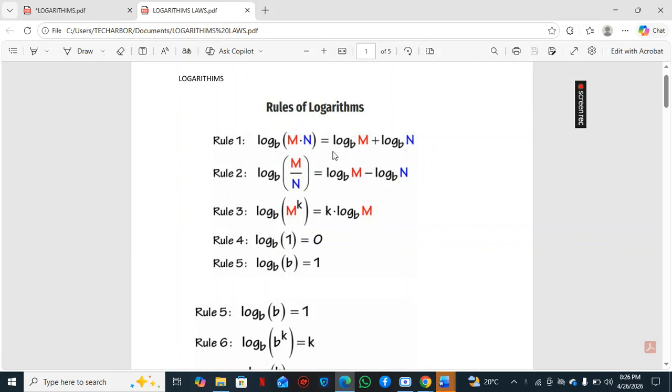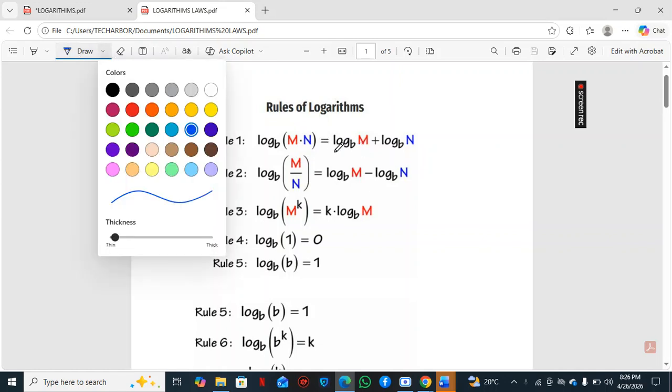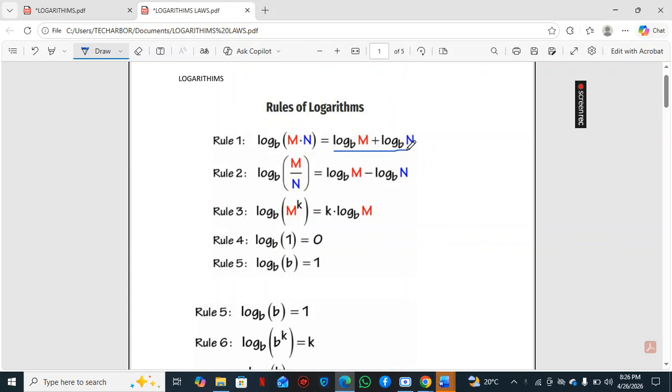This one basically, if you ever see two logarithms being added like this here, you're going to have to apply this rule.